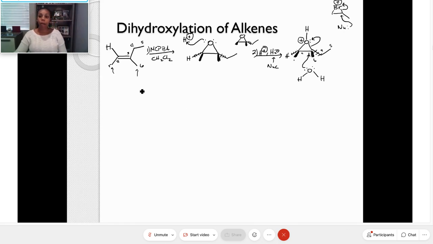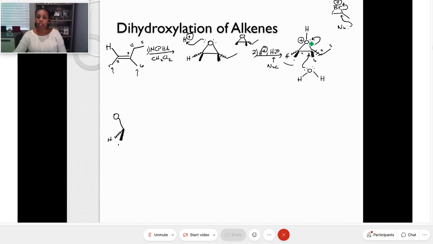So as we break that bond, what happens to carbon 1 and hydrogen? They stay where they are. But now there is an oxygen at the top. So hydrogen stays on a dash line, and we have that carbon 1 methyl on the wedge.